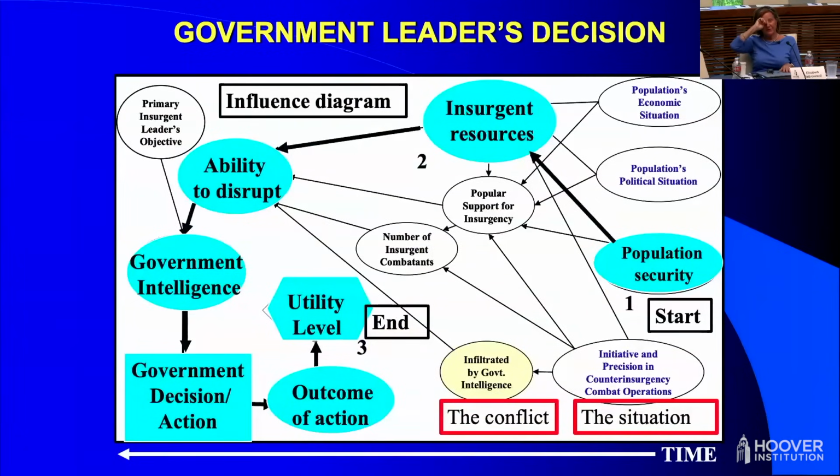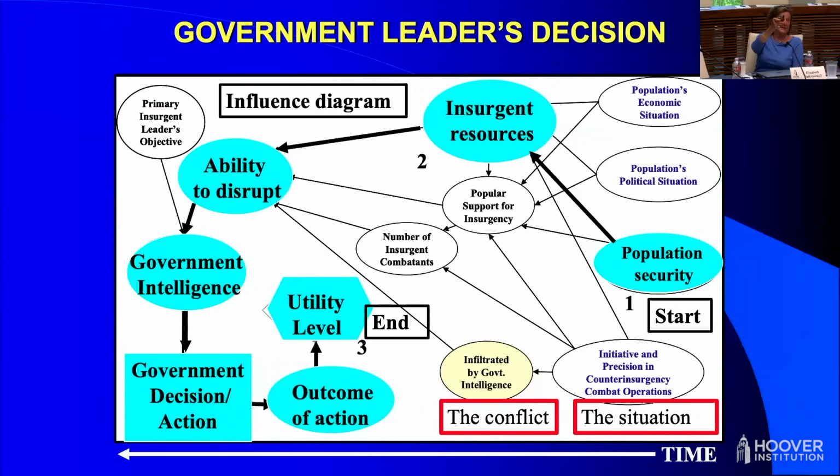Let me tell you what I've put here on that figure. Let's start at one, the population security. And that's what the government knows when at that time unit, they're going to make a decision. That influences the insurgents' resources.